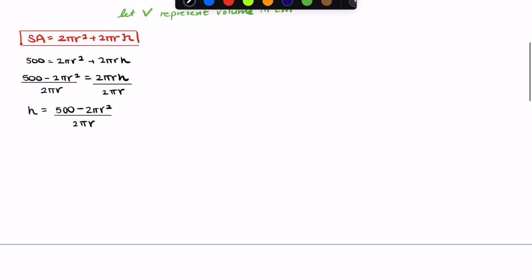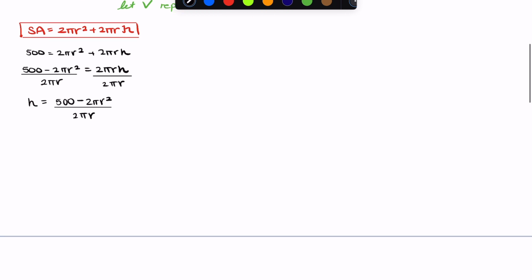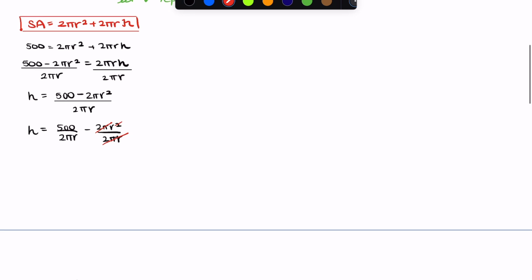Here we can write this as two separate fractions. We'll get h is equal to 500 over 2 pi r minus 2 pi r squared over 2 pi r. This we will be able to simplify, and this will be simplified as well.